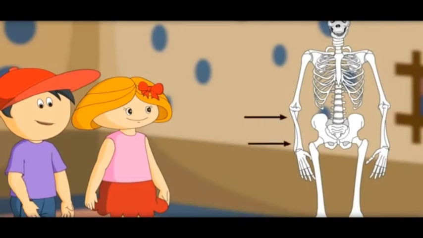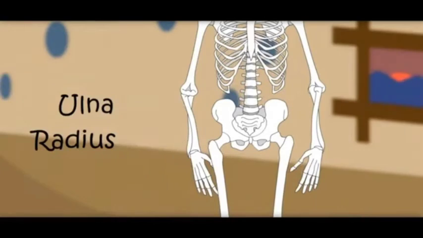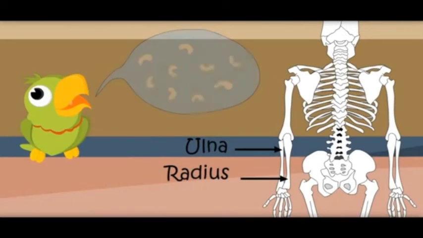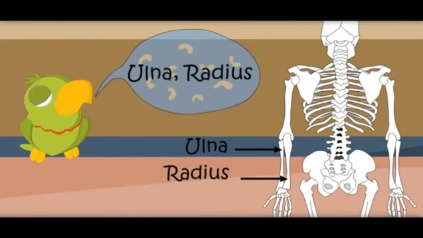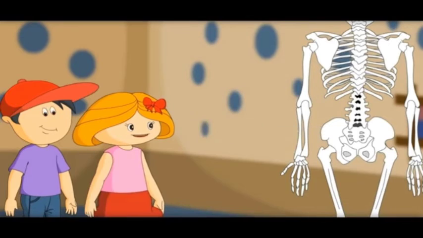Which bone is this? There are two more big bones in the arm. These are called ulna and radius. Ulna, radius. Oh, this is called the pelvis. It protects the bladder and uterus.